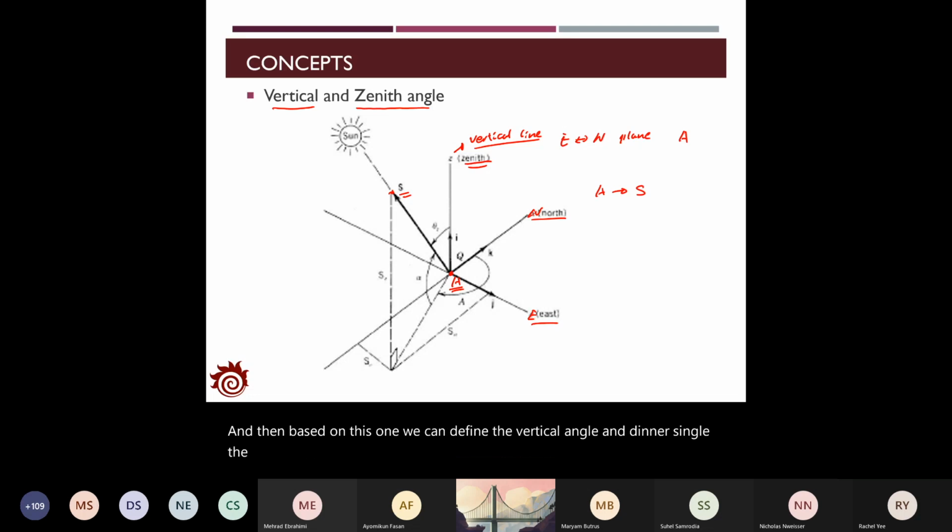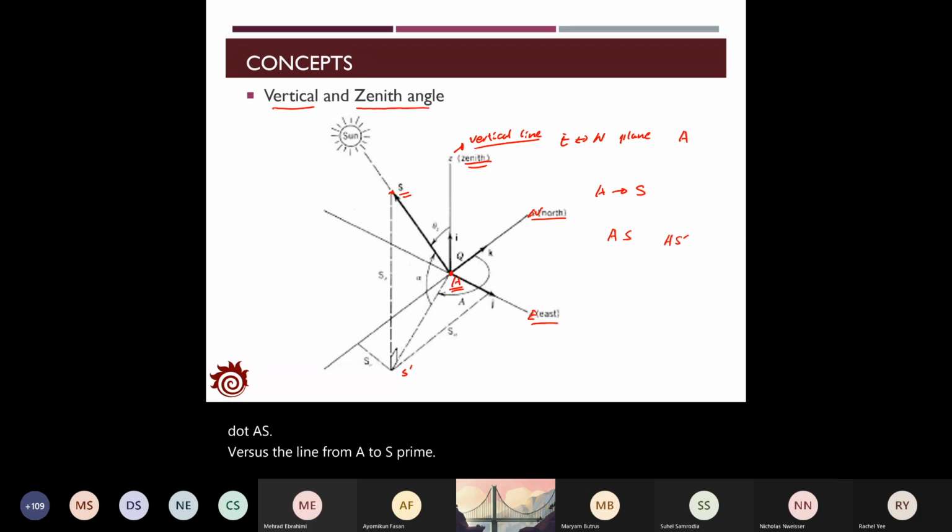The vertical angle is defined as the angle between the line from A to S, say AS, versus the line from A to S prime.